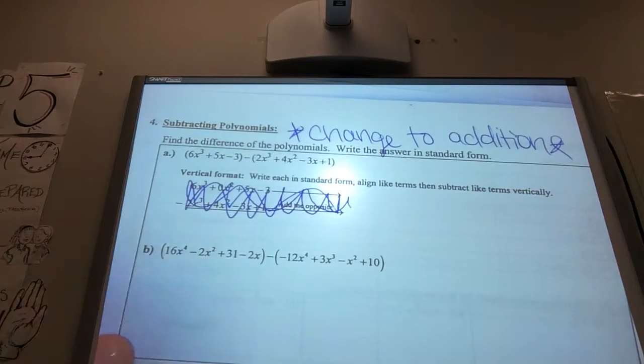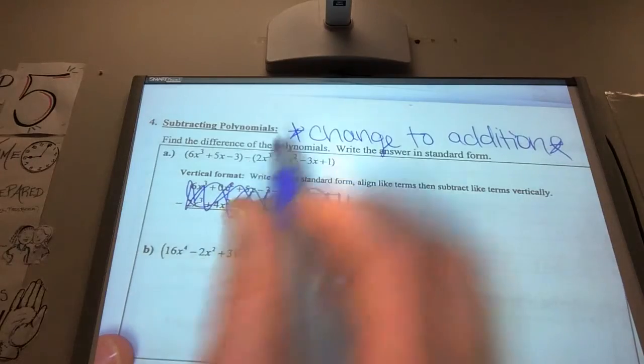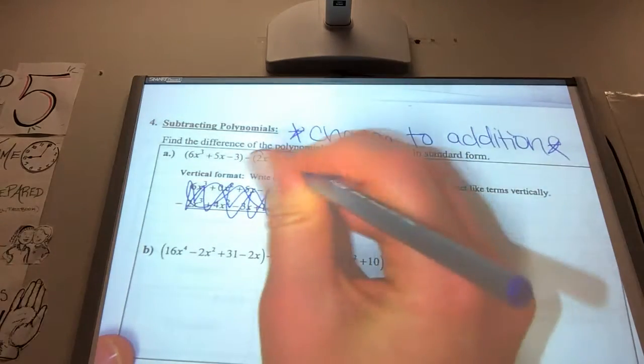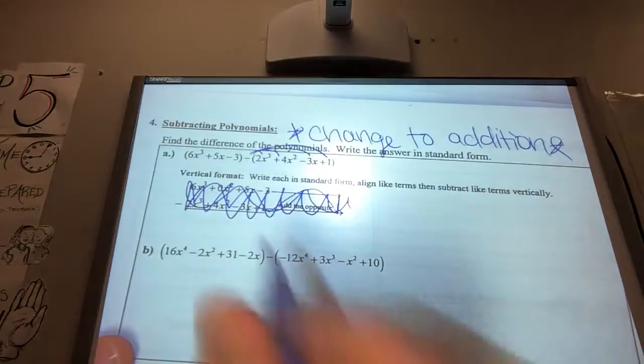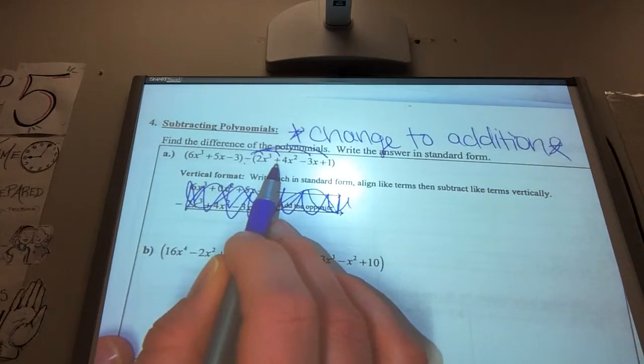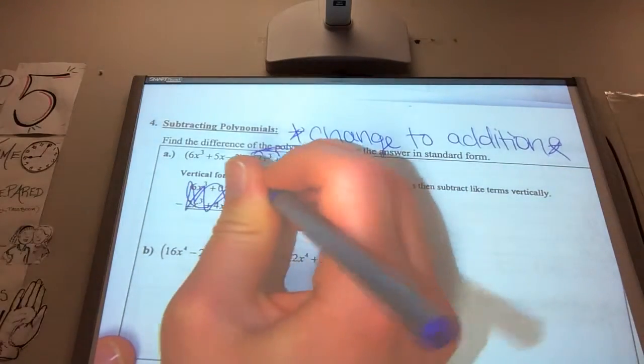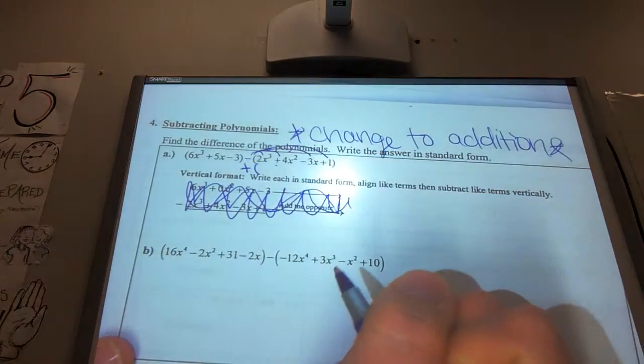So how do I change it to addition? Well, I'm going to take my negative that's between them and I'm going to distribute it to every term that's being subtracted. This is the term that's being subtracted.